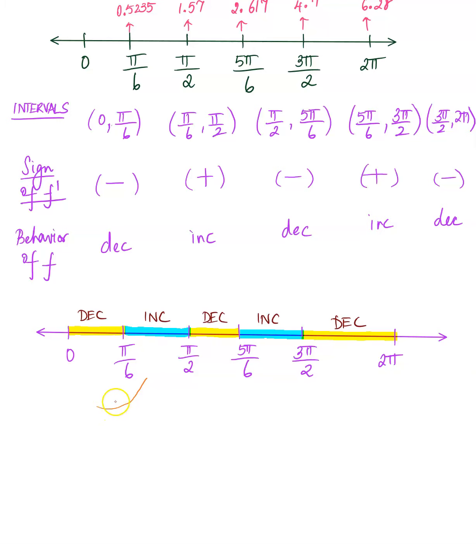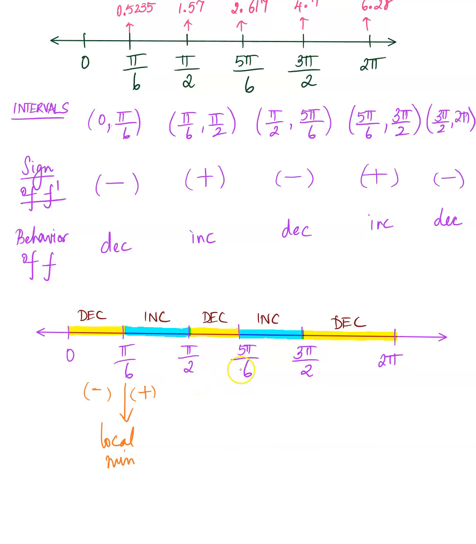Because it was decreasing and then it increased. So I'll just say minus to plus. I'll just simply say local min. Yeah, that way it's easy for us because this is minus and this is plus.